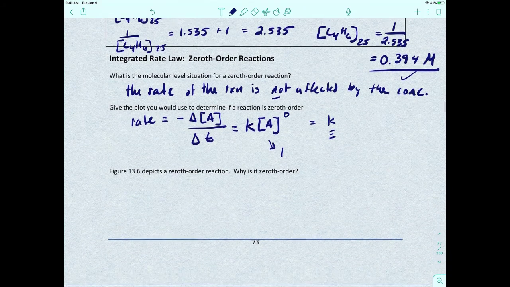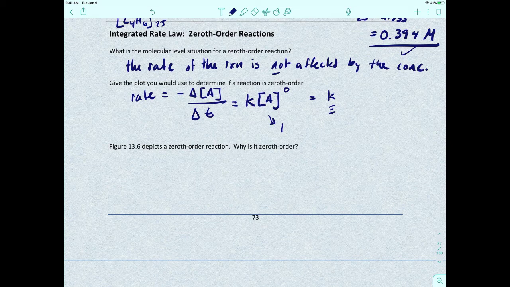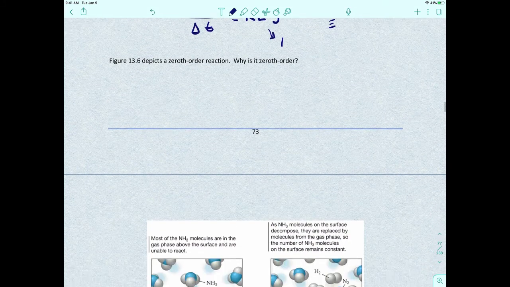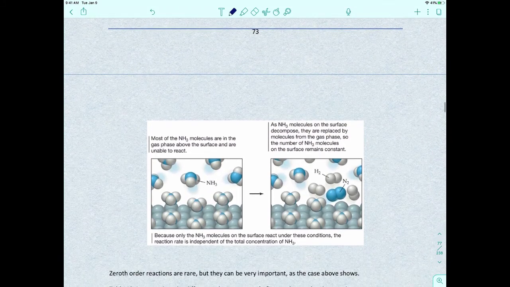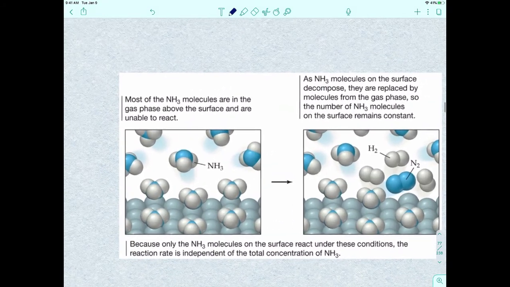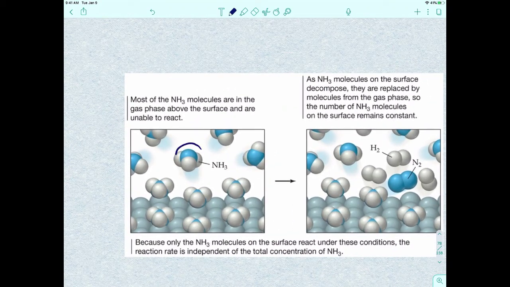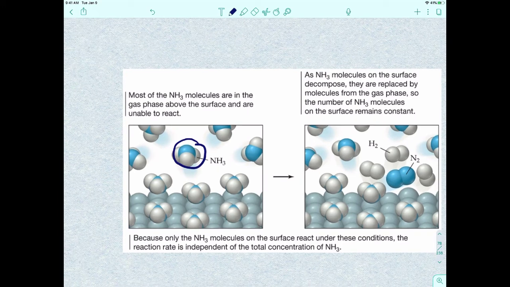Now, what would a zero order reaction look like if we're going to show this as a picture? Let's say you've got a reaction going on, and here's a picture. You've got molecules of NH3, and on the surface of this metal, we're trying to get those NH3 molecules to place themselves inside the nooks of the metal atoms.